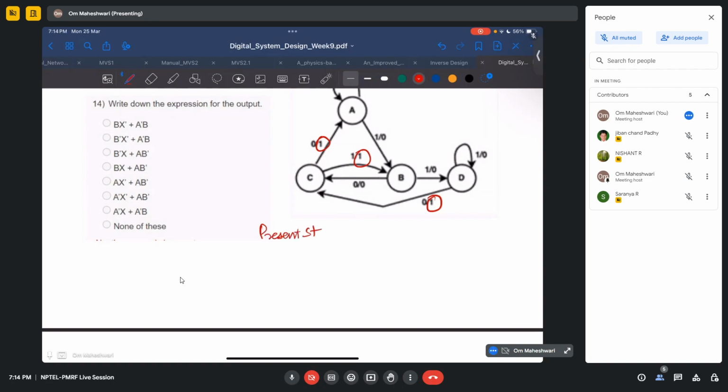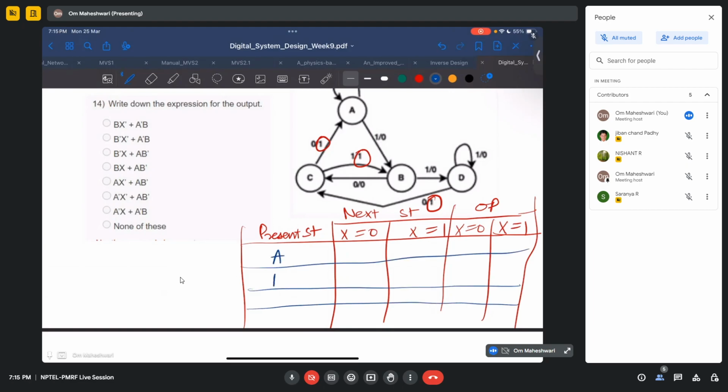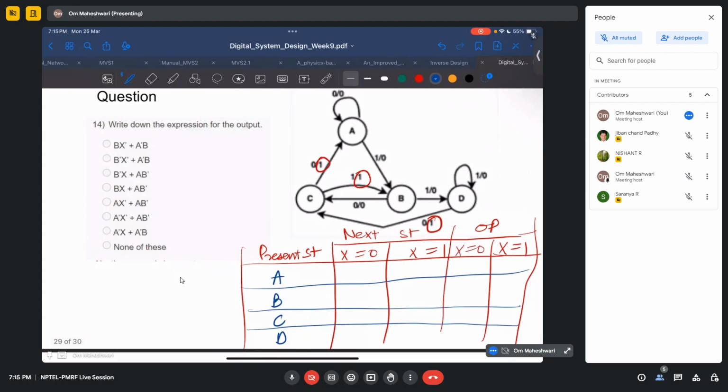Present state, next state, and output. So maybe x equals to 0, x equals to 1, x equals to 0, x equals to 1. We have 4 states. A, B, C and D. If x equals to 0, next state remains at A. If x equals to 1, next state is B. Output is in both 0 and 0.